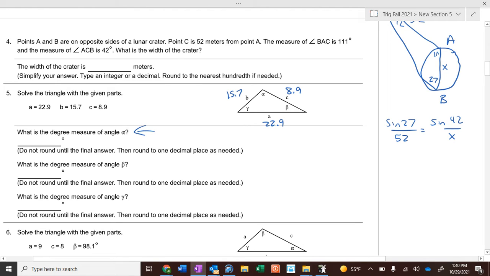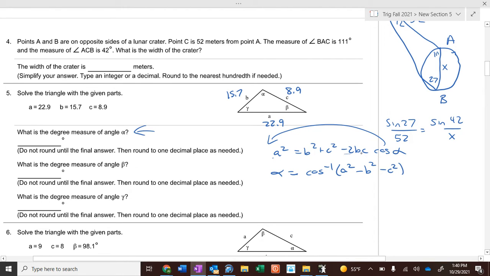So you know that a squared equals b squared plus c squared minus 2bc cosine of alpha. If you turn that around, alpha equals the inverse cosine of this: a squared, because you move the inverse cosine to the other side, and then to move the other stuff to the other side, you're going to subtract b squared and subtract c squared.